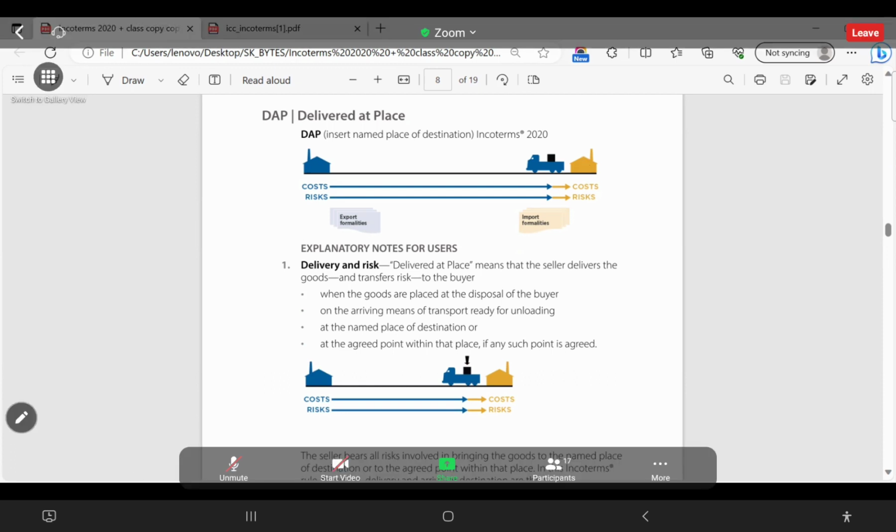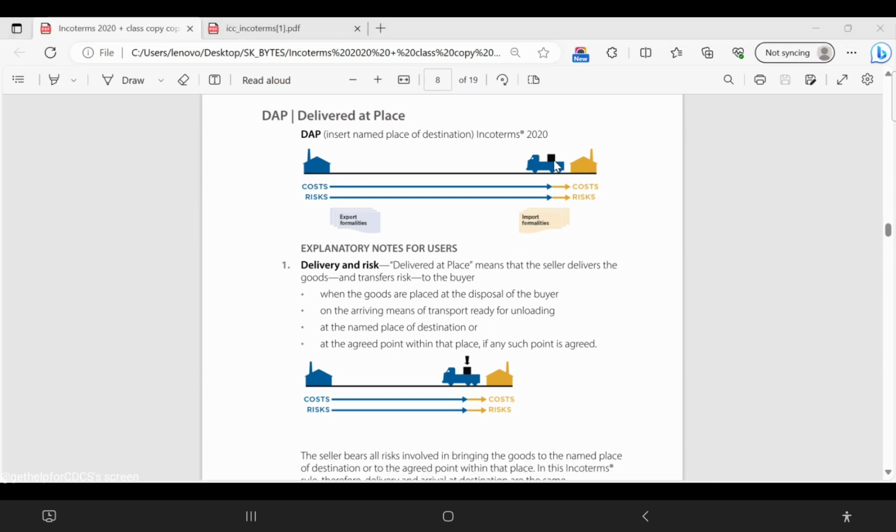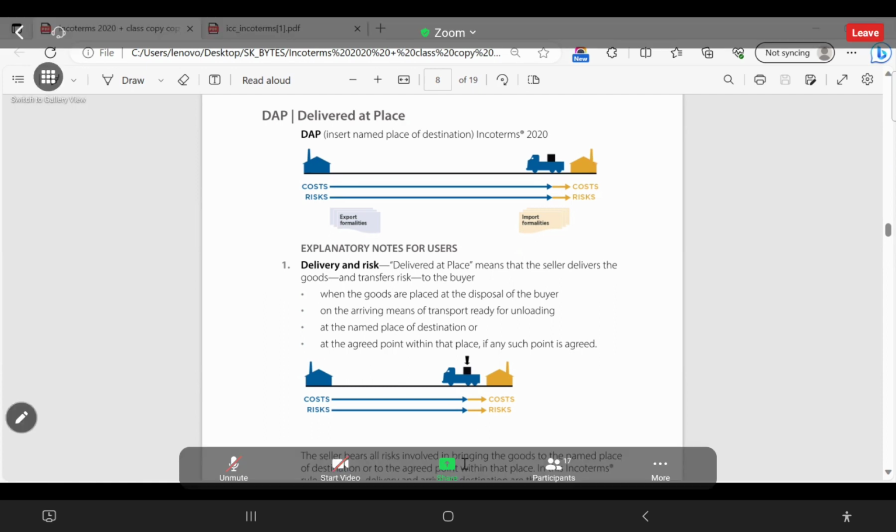Risk will be borne by the importer at that time, right? If something happens at the time of unloading, that is by the importer. If some damage happens while unloading, it is for the importer. Okay, fine.